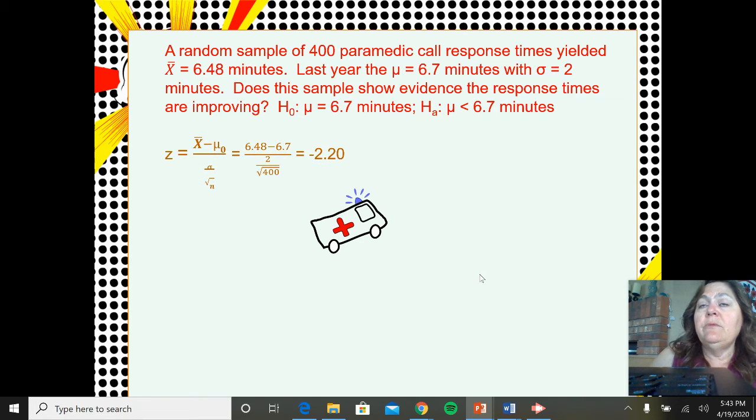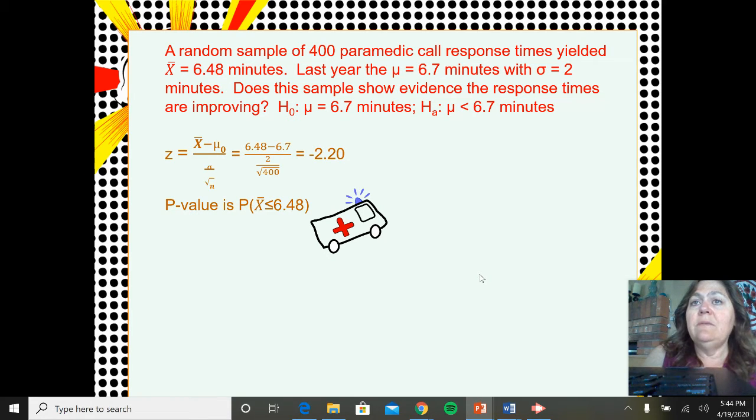So we're going to run our Z statistic here. Our mean from the sample was 6.48, the mean of the population is 6.7, then you put in your sigma, and your n was 400. I get a Z of negative 2.20. When you go to the Z table, negative 2.20 is on the left.